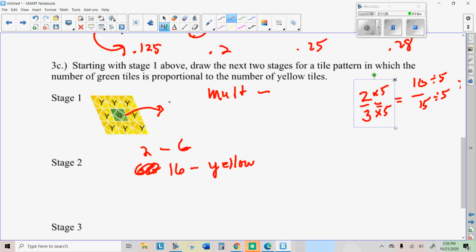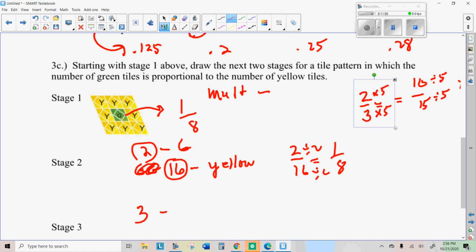Okay, so right now the ratio is 1 green to 8 yellow. And stage 2, if we have 2 green and 16 yellow, 2/16, that will also equal 1/8 if you simplify that. Just divide those by 2, right? In stage 3, let's say we have one more green, we go to 3 green.